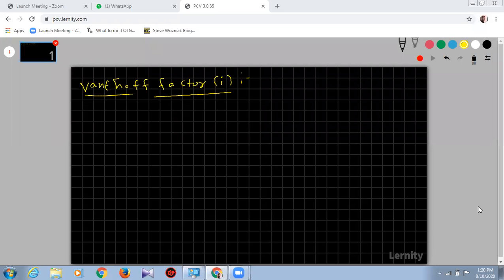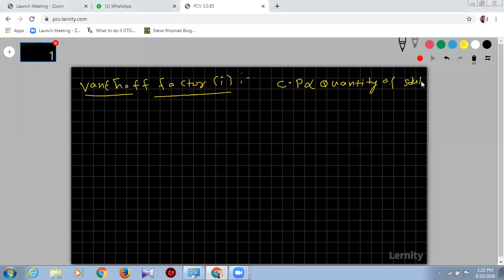Now, before going to the Van't Hoff factor, I will tell you the basic thing: any colligative property is directly proportional to the quantity of solute.